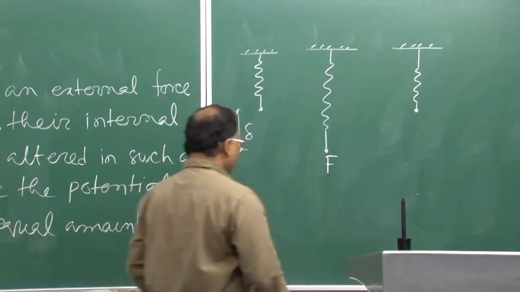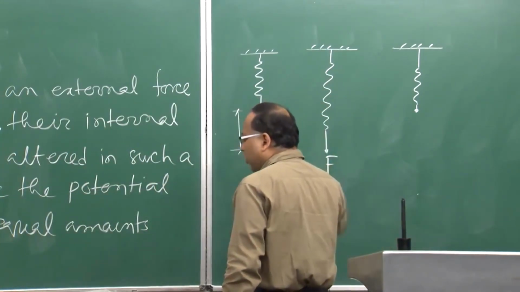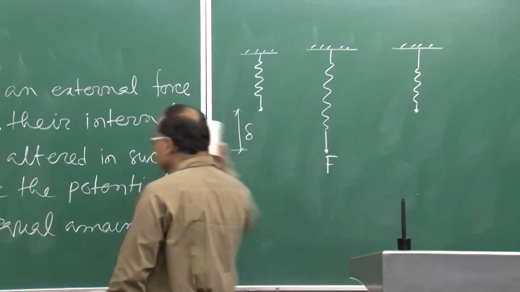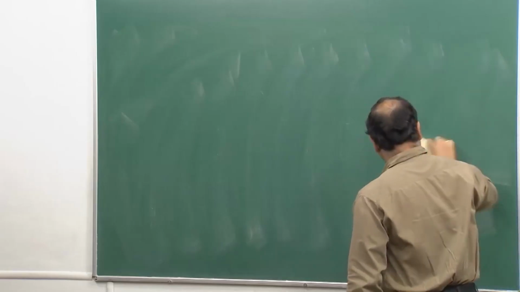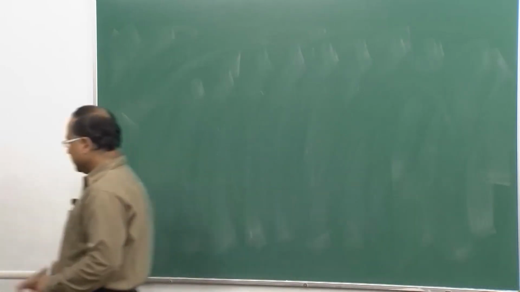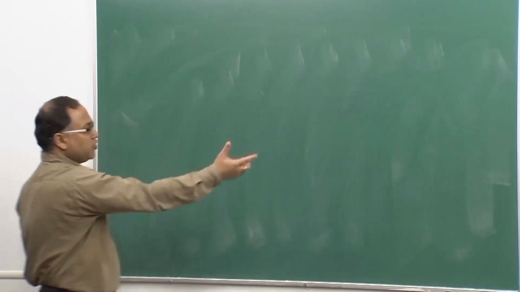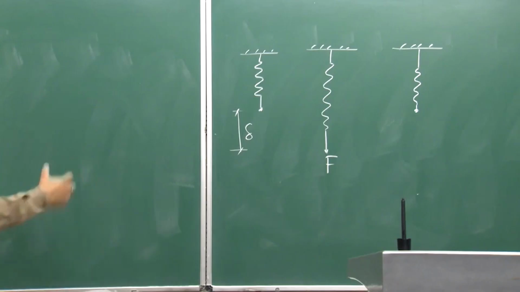Now, on the contrary, what is a non-conservative system? This is a conservative system: you are applying force, some geometric alteration is happening, and once you remove the force, it comes back to its original position by giving the same amount of work back.